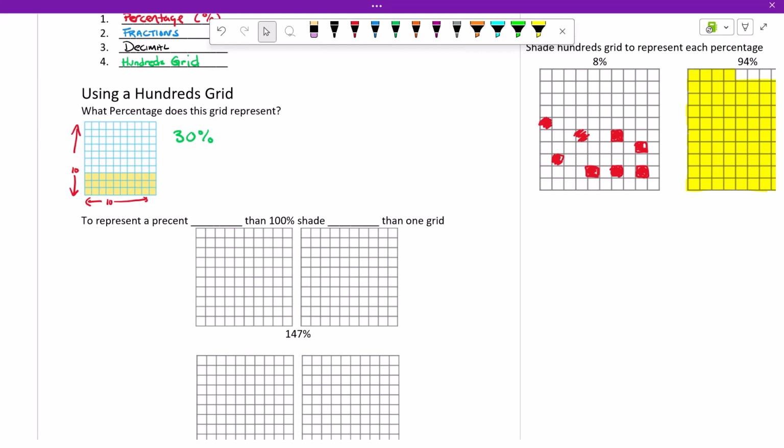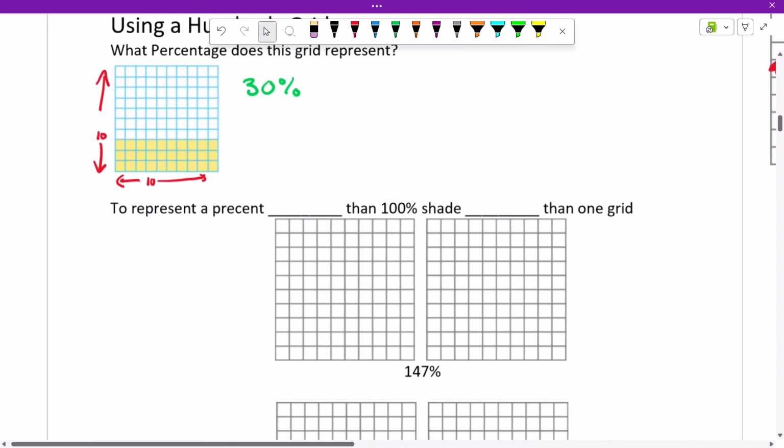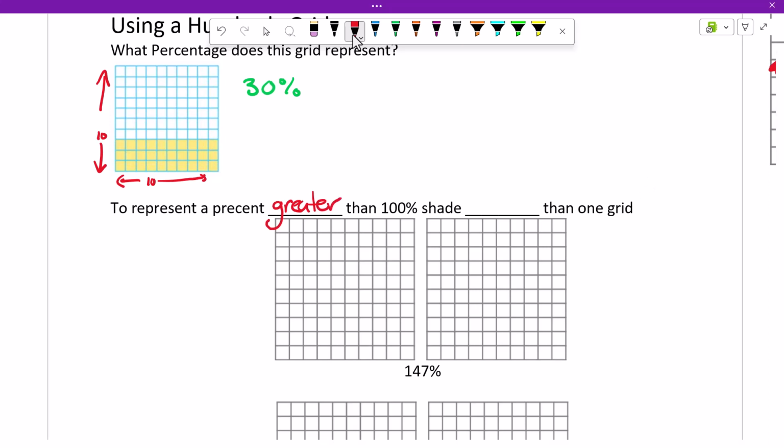So if you are working with a percentage more than 100, another way of saying that is greater than 100, then shade in more than 1 grid. Okay?